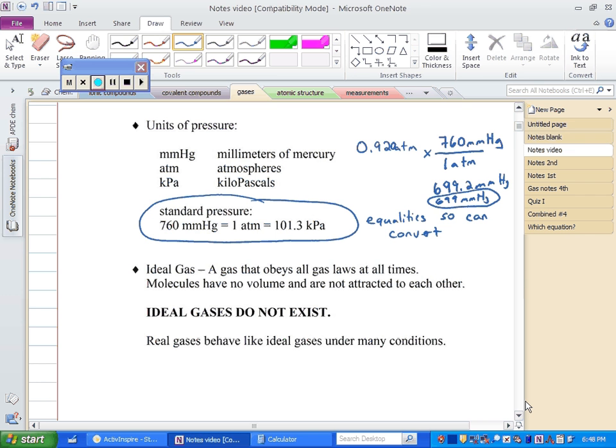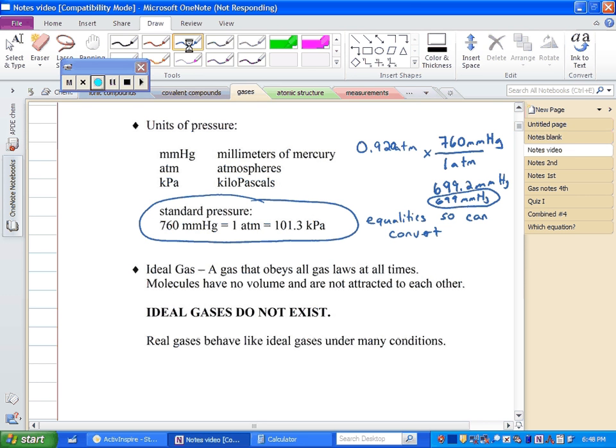Now, with all of our gases, we treat them as if they are ideal.